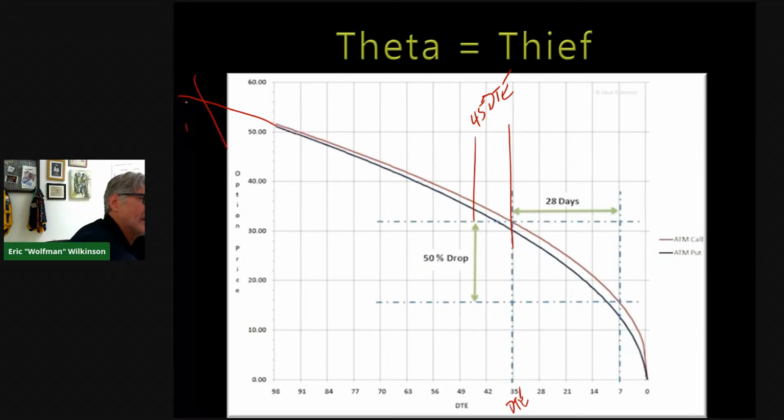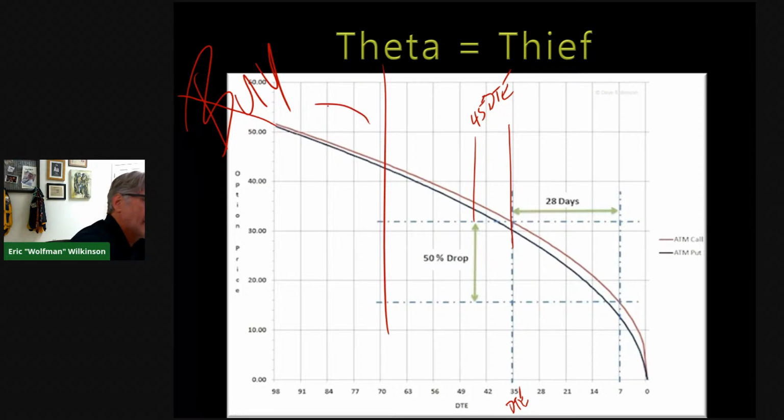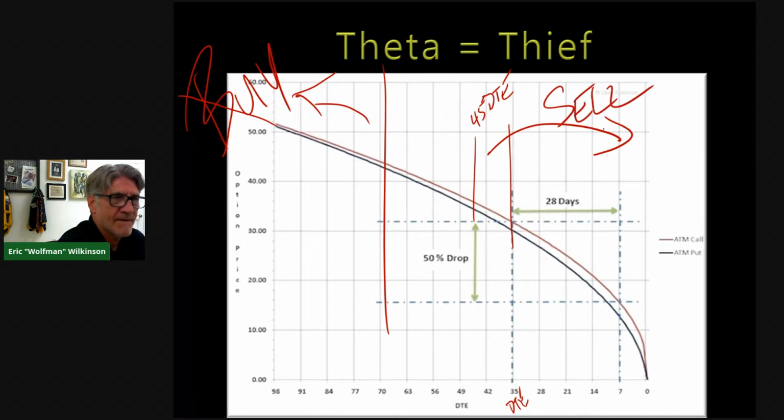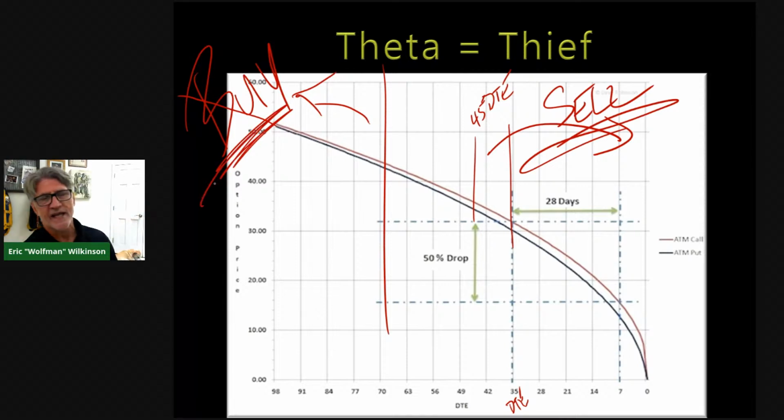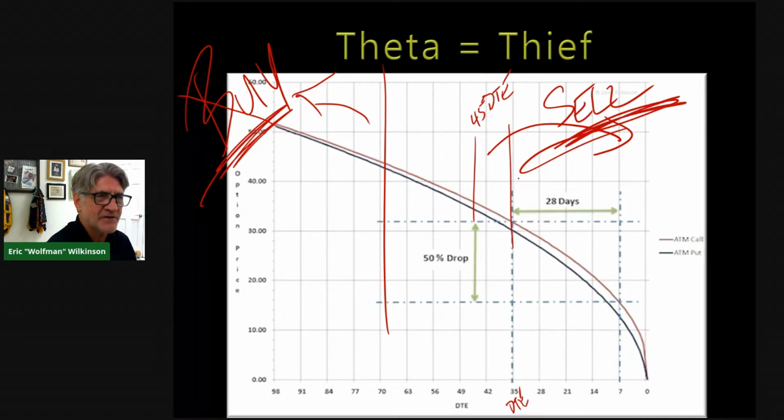If I'm looking at this as a buy zone, it's outside of 70 days, right? And the sell zone is inside of 45 days, all right? So if you're buying options, you want to limit the theta decay. And when you're selling options, you want to exploit it, right?